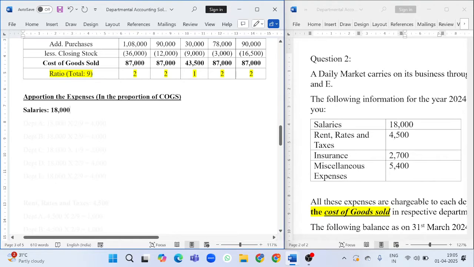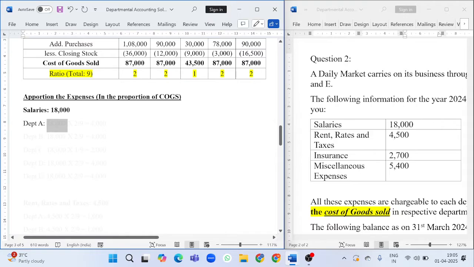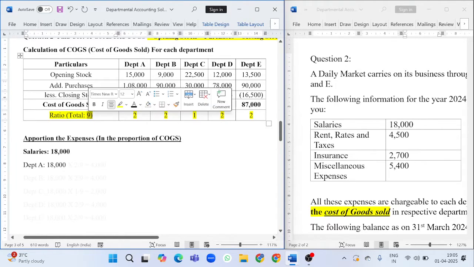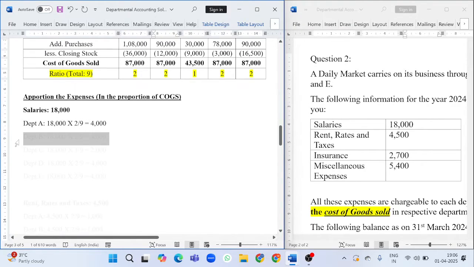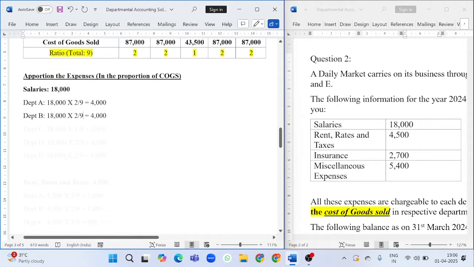Now first let us do it for department A. Total salary is 18,000, and the ratio of department A is 2, and the total is 9. So 18,000 into 2 divided by 9 will be 4,000. Again for department B the ratio is 2, so 18,000 into 2 by 9 will be 4,000.